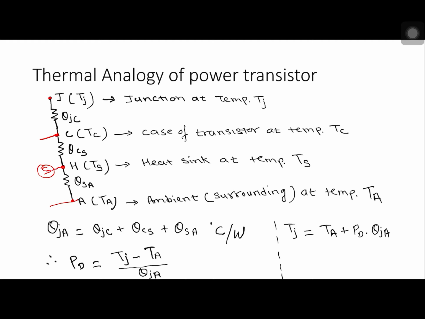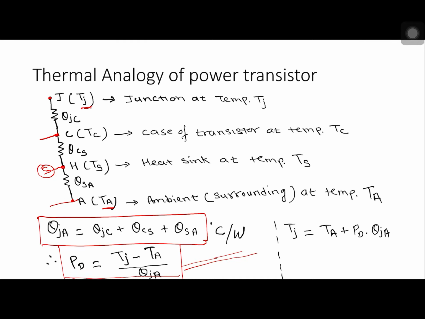Now when I want to calculate total thermal resistance, I'll add them. So this gives me the total thermal resistance, and then power dissipation will be junction temperature minus ambient temperature divided by the thermal resistance. And from this equation you can calculate the Tj max equation or junction temperature equation for any transistor.